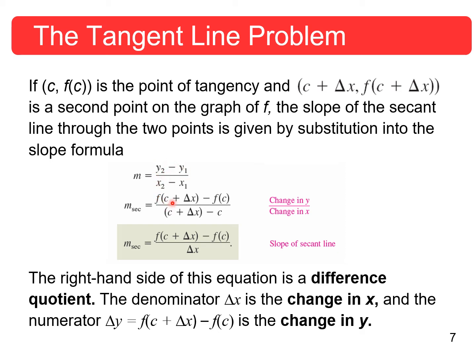This would be your y sub 2, and this is your y sub 1, and this is your x sub 2, and this is your x sub 1. The formula for the slope is just the change in y over the change in x. So the slope of the secant line is given by this expression here, or if you simplify, the denominator will just be equal to delta x.